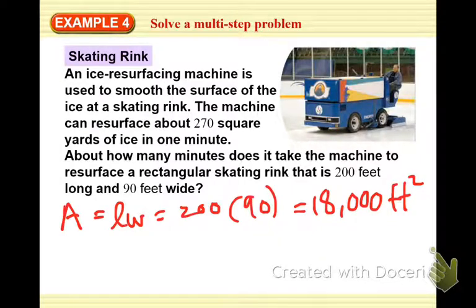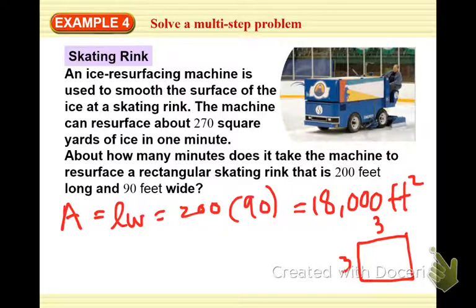Now, the machine is given as 270 yards of ice in a minute. We have feet. I've got to convert this to square yards. How can I convert 18,000 to square yards? Okay, you're close, but it's square yards, right? So in square feet, if you think for a second about a square yard, a square yard would be 3 feet by 3 feet, right?